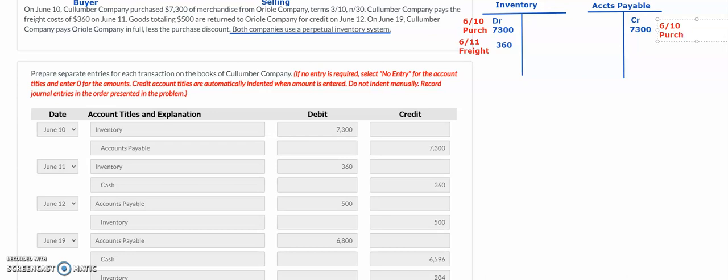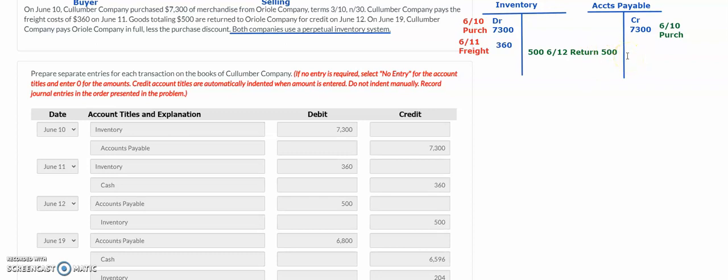And on June 12th, we're going to return $500. If we make a return, that means we don't have this merchandise anymore. So on your inventory, you're going to record a credit of $500 for that return on June 12th. And on accounts payable, you're going to record a $500 debit for that return, because if you're returning something, you don't want to pay for it.